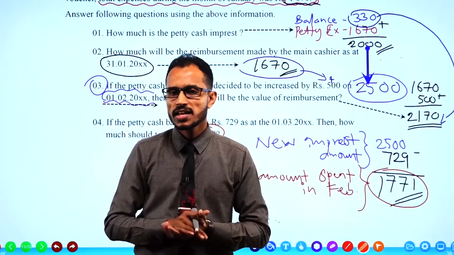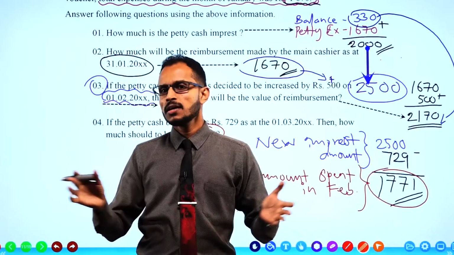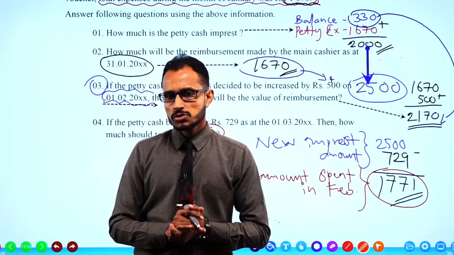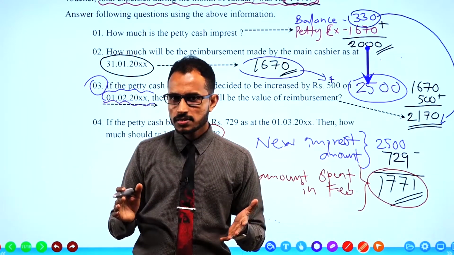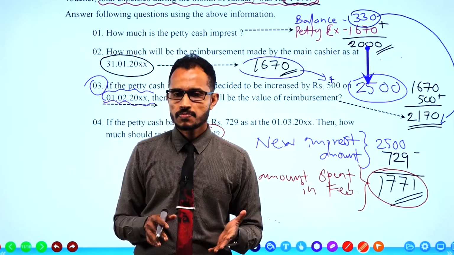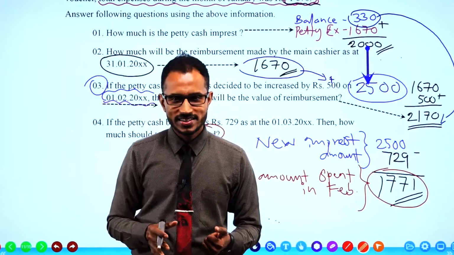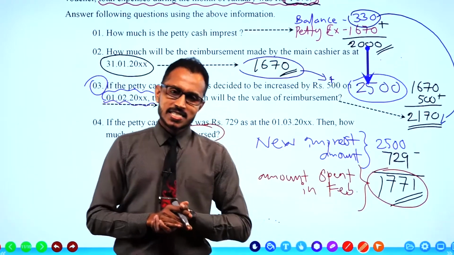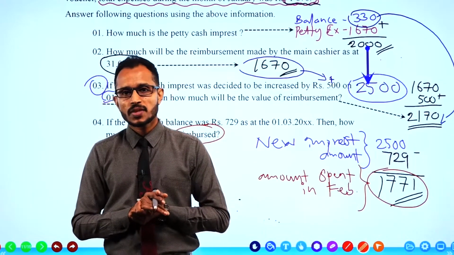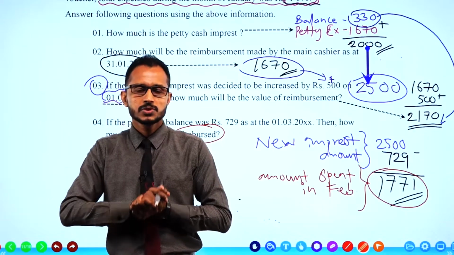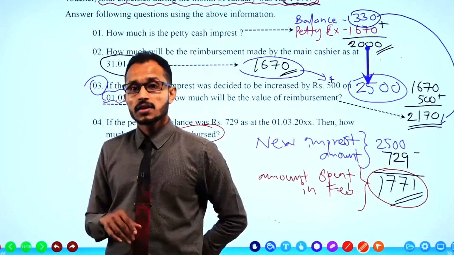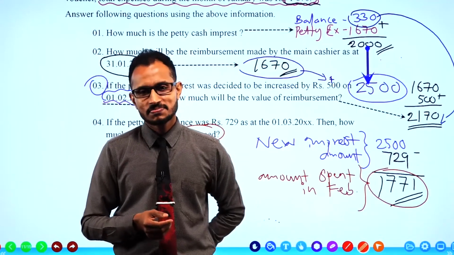If you have that understanding, children, that's what counts. That is what is important here. Calculations are so simple if you know how to do it. That's what I have been trying to do, to give you the proper understanding.